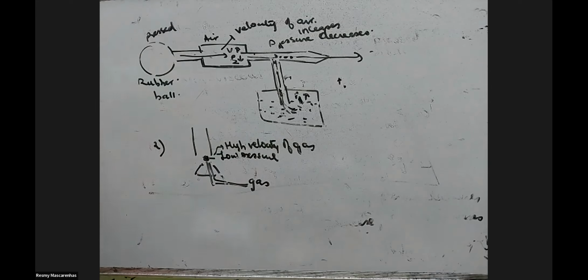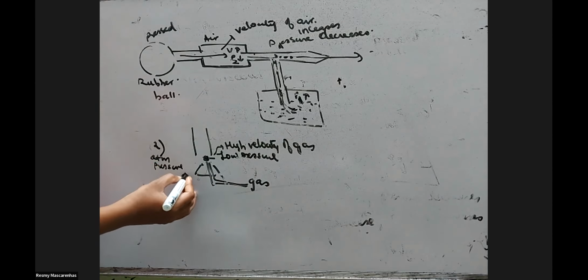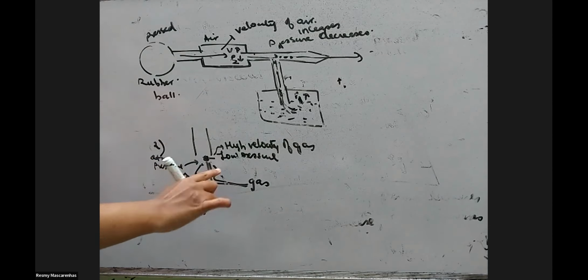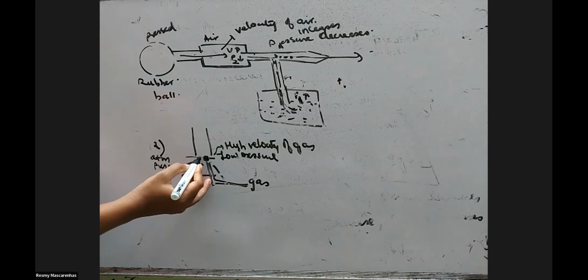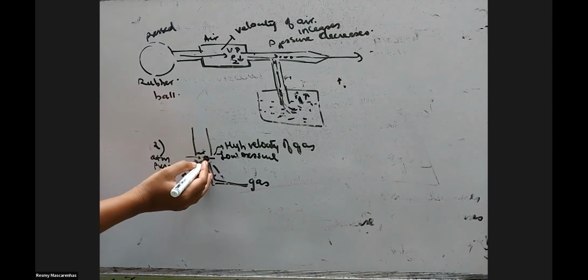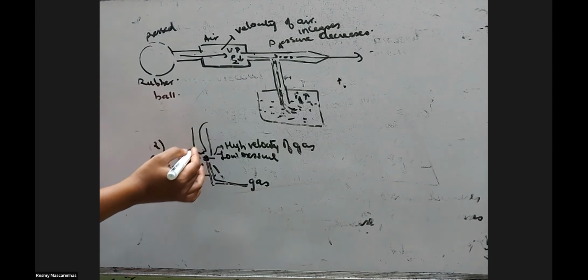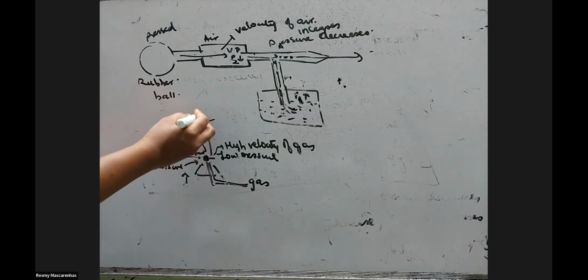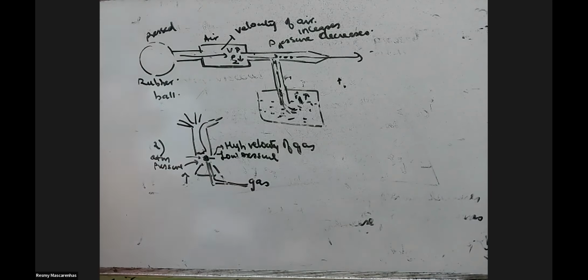Now what is going to happen? Here comparatively pressure is going to be high. Because of this high pressure, air will start coming inside. And whenever you want anything to burn, you need air. So this air will push the spark up and it comes out in terms of flame.